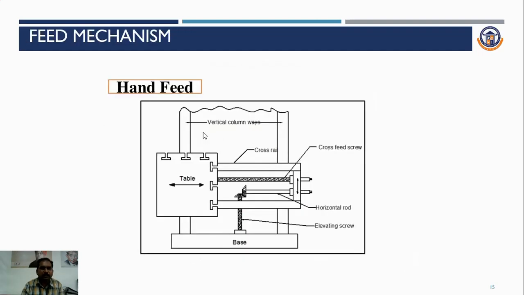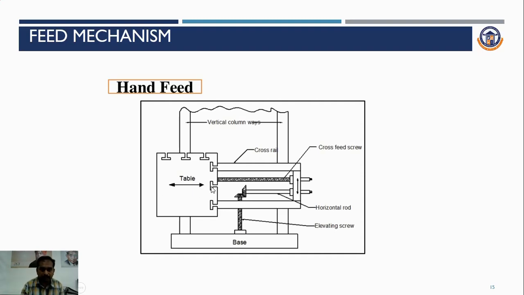Then we are going to see the feed mechanism. For the feed mechanism, we have the crank and pinion and the worm and wheel mechanism. We have the elevating screw, horizontal rod, cross feed screw, and cross rail column. When we rotate these lead screws, the table moves up and down, forward and backward.